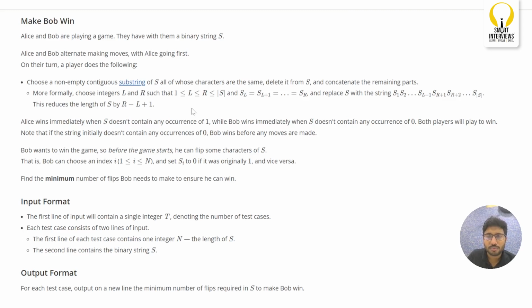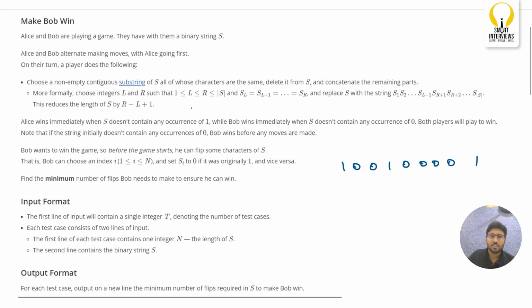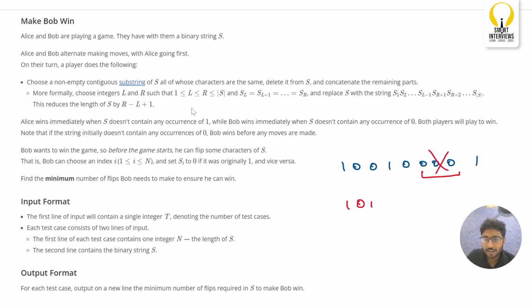Let's say this is a binary string. What a person can do is choose this contiguous part, remove it, and simply concatenate the remaining part. So the updated string will look something like this. This is the move that both of them can do.